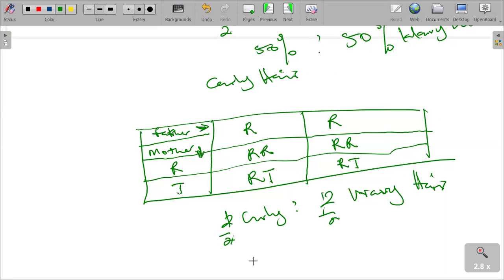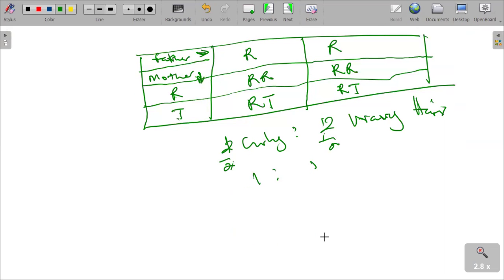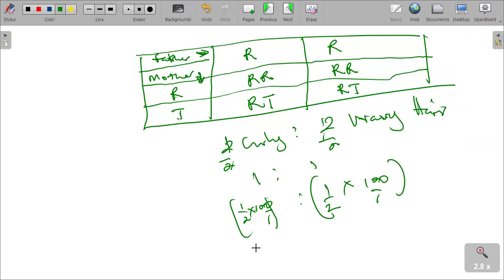We divide by 2, and then we get 1s to 1, same as what we got above. Which is also the same as 1 over 2 times 100 over 1 is to 1 over 2 times 100 over 1, which gives us the same answer: 50% is to 50%.